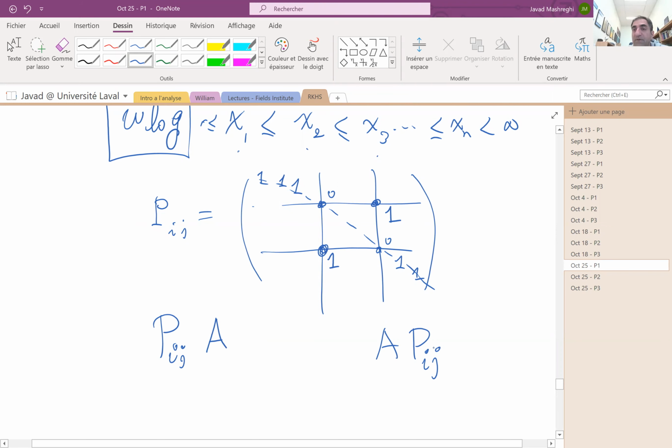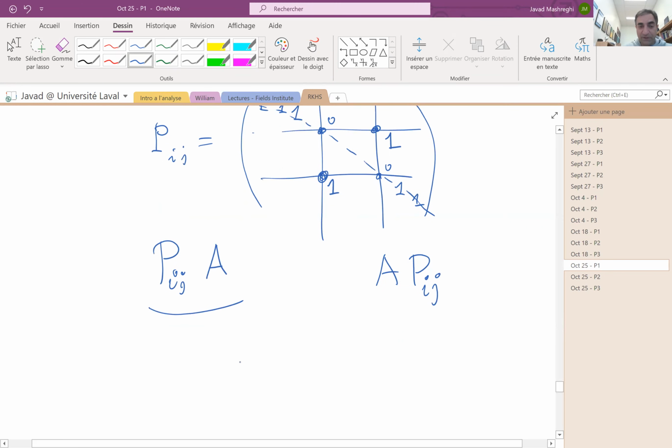It is easy to convince yourself that if you multiply from the left side, the outcome is the same matrix, except that you change row i with row j. You just change the ordering. And the same thing with the other one. If you multiply from the right side, then the columns are changed, just column i with column j.